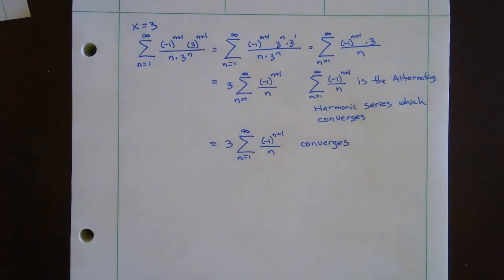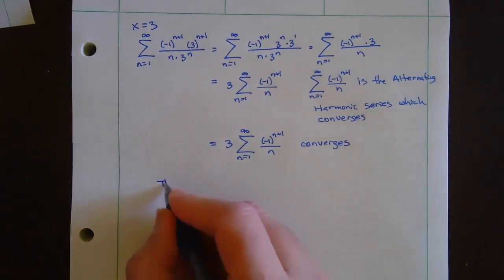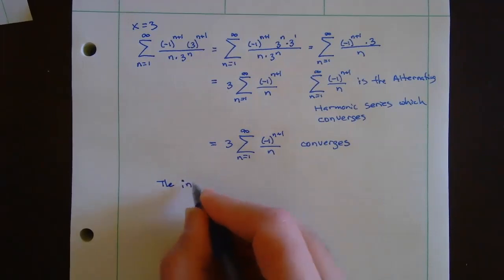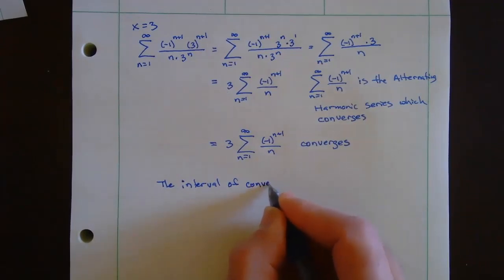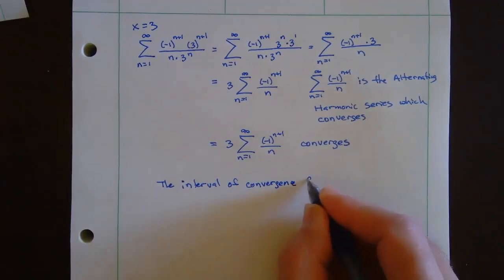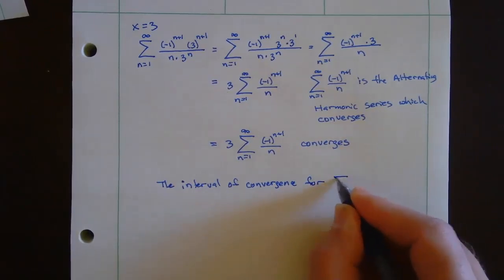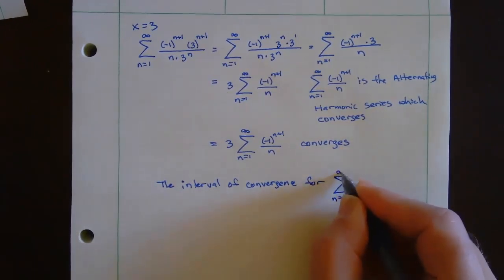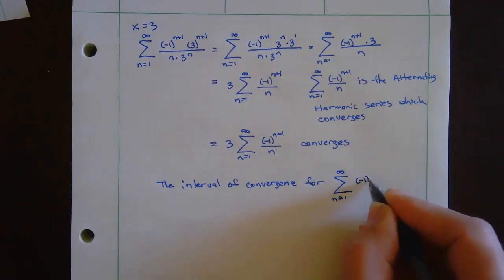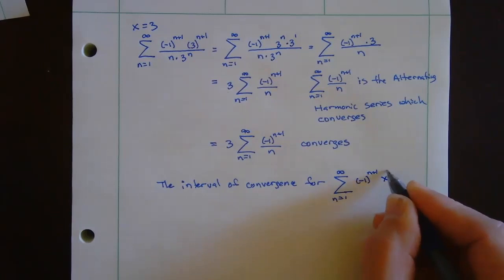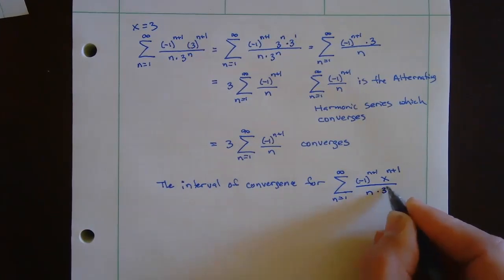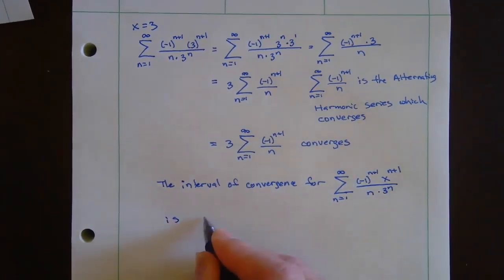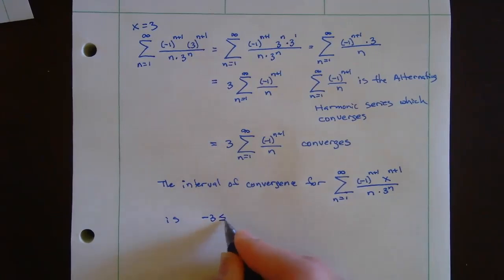Okay? And because it converges, we now know the interval of convergence for the series sigma n equals 1 to infinity of negative 1 to the n plus 1 x to the n plus 1 over n times 3 to the n is negative 3 less than or equal to x.